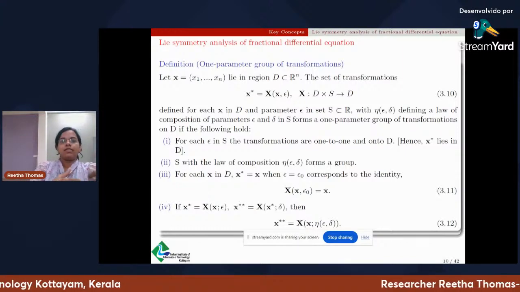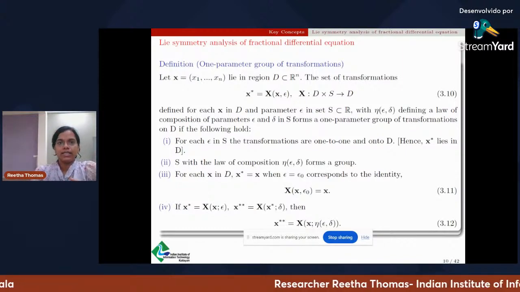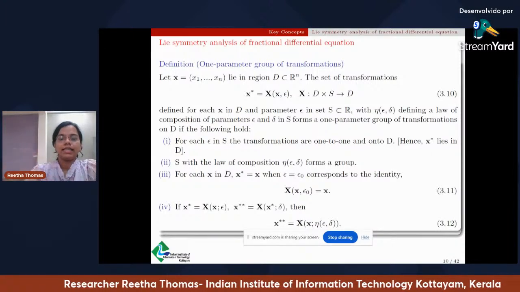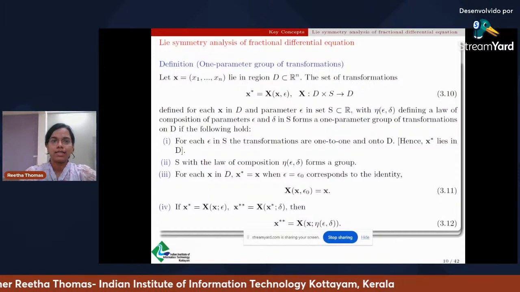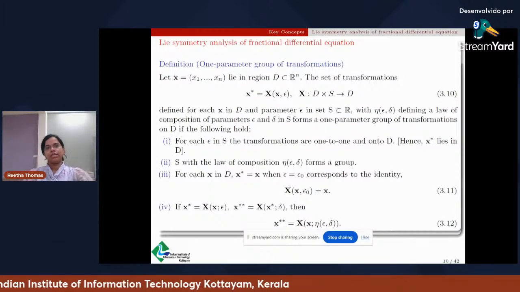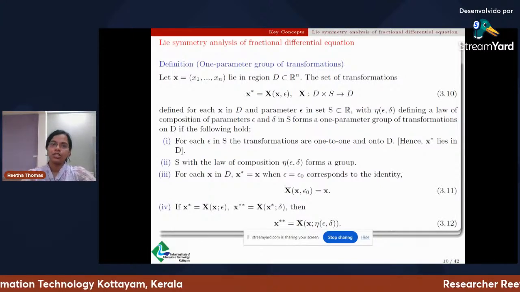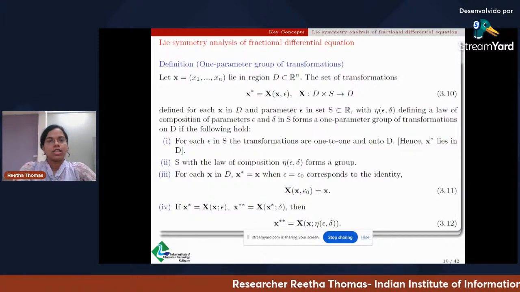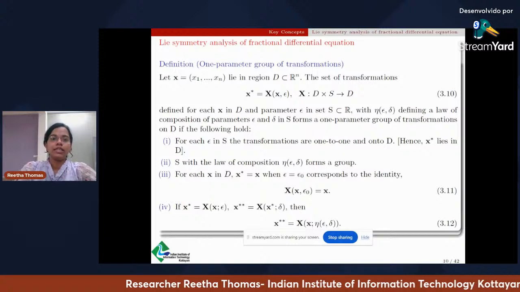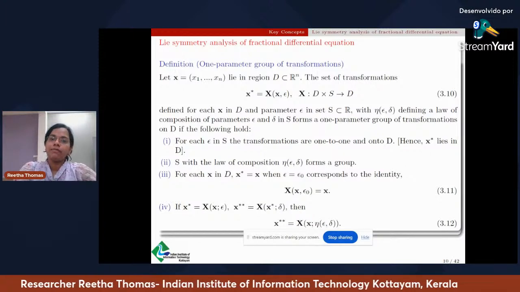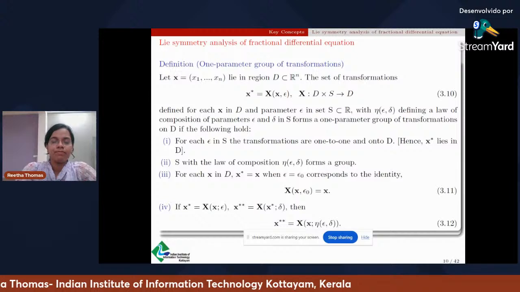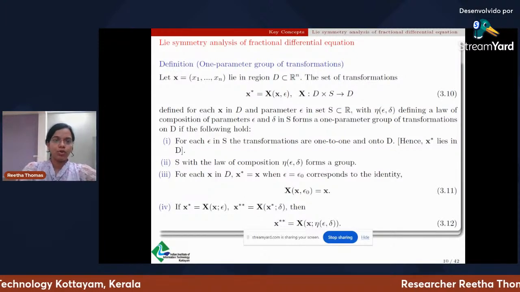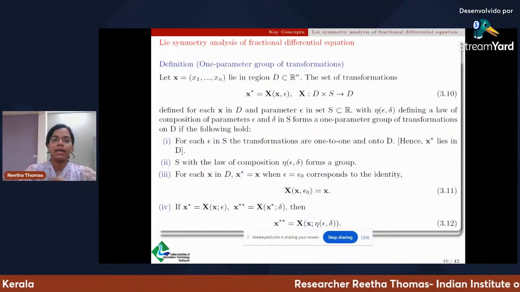The next technique is Lie symmetry analysis for fractional differential equations. To understand that concept, we need some basic concepts. Symmetry analysis for differential equations was introduced by the Norwegian mathematician Sophus Lie, in which he used symmetries to solve differential equations. He was inspired by the concept of Galois theory, where the permutations of the roots of the polynomial are the discrete symmetries used by Galois.